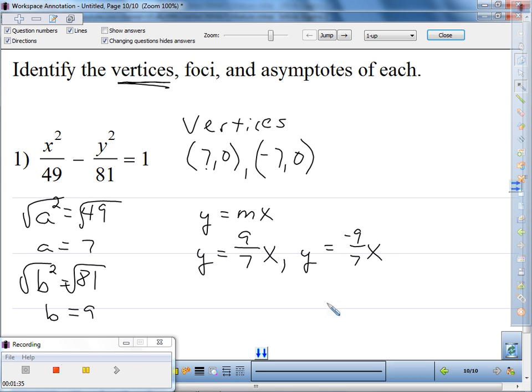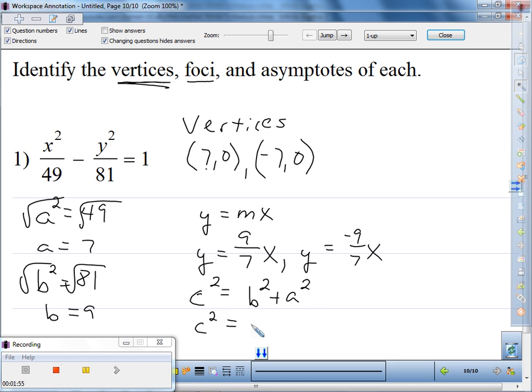Okay, now the other thing we've got to find is the two focuses, or the foci, and we do that by using c squared. Okay, it's going to be equal to what? Yeah, so we just add the b squared and the a squared.